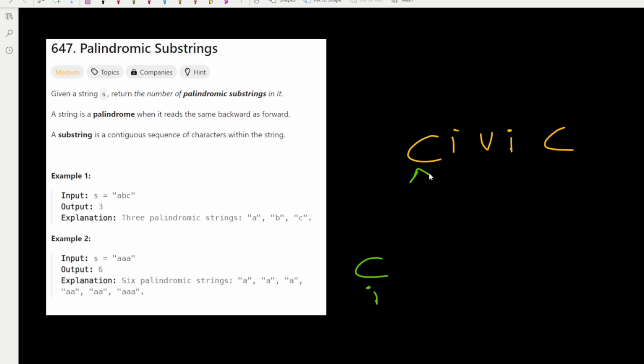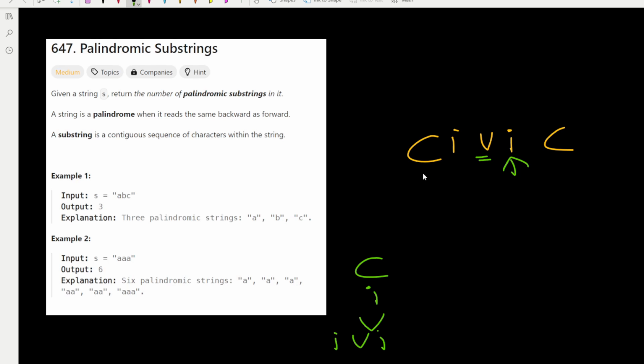Let's go now to V. Is V a palindromic substring? Yes, V is. Same thing. Take the left pointer, decrease. Right pointer, increase. Is I, V, I a palindromic substring? Indeed it is. So we have I, V, I. Let's keep expanding.